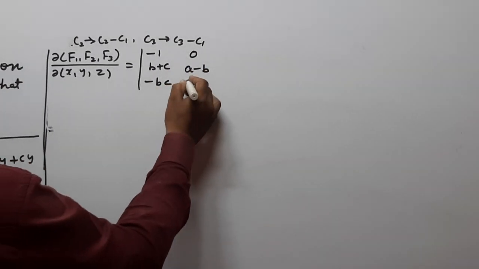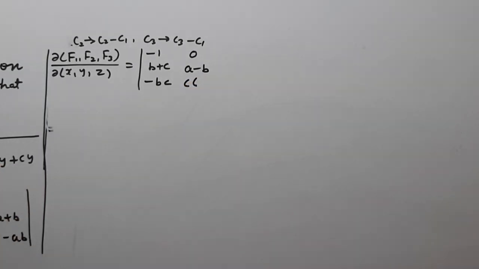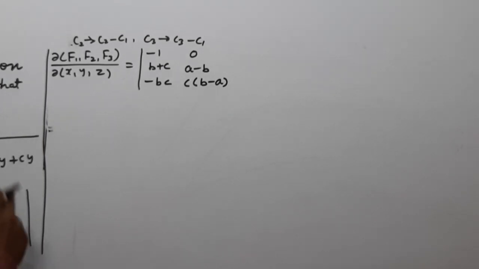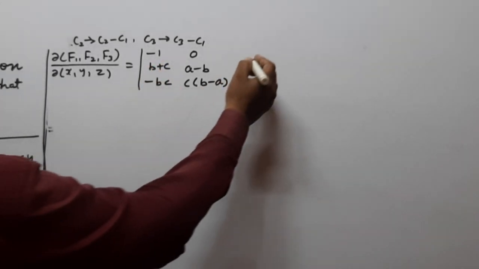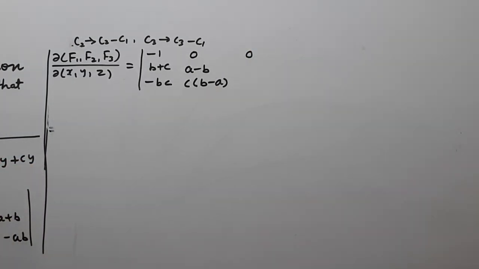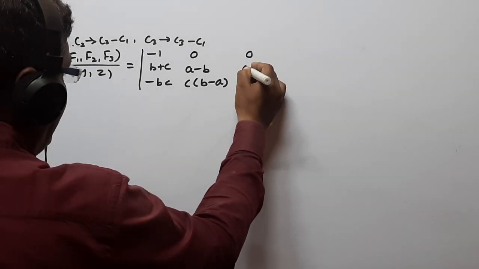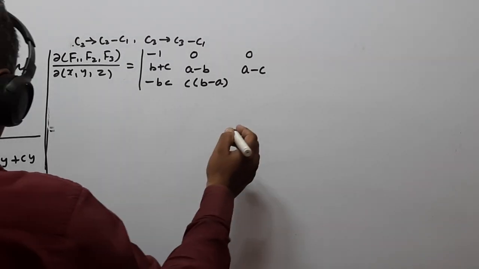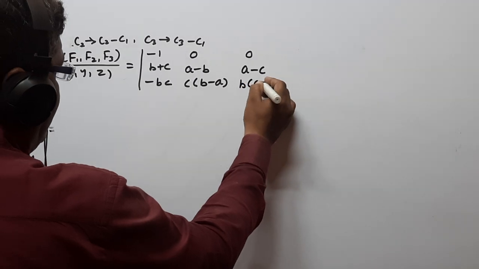So taking c common here, this is b minus a. Similarly, when we subtract the c1 column from c3, we get here 0, and a plus b minus c, b is cancelled out, so there will be a minus c, and minus ab subtract minus bc, we get b common and c minus a.